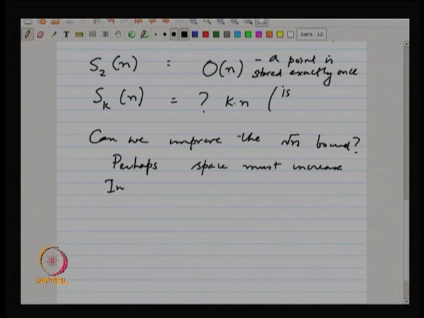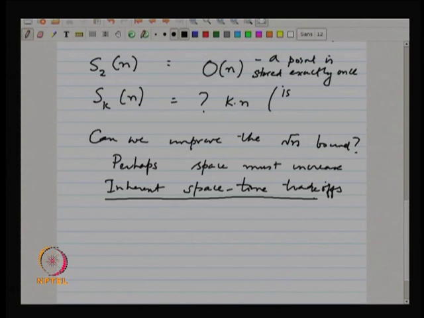sometimes there is an inherent space time trade off, but these are very difficult to establish, because we are talking here about lower bounds. So there may be some kind of inherent space time trade offs, but they must be established as lower bounds.